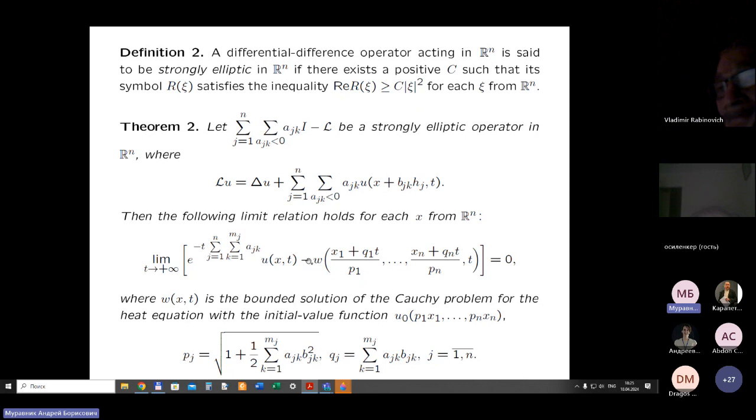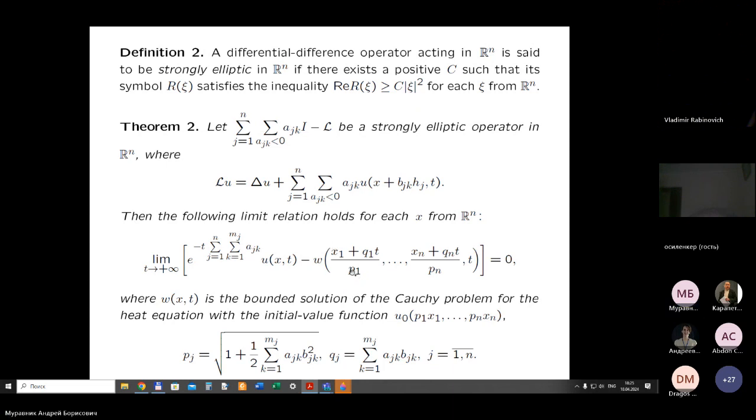We have another function such that we know about it a lot. This is the solution of the Cauchy problem for the heat equation. In assertions like this, in asymptotical closeness theorems, such functions are called echelon functions.